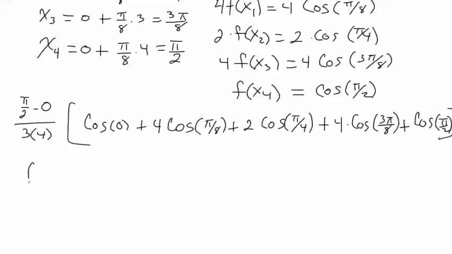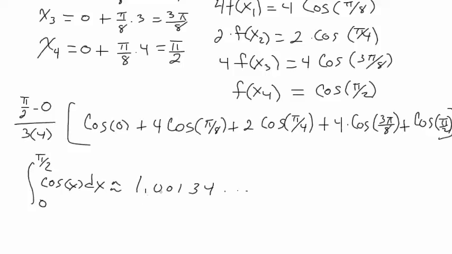Alright, so remember we went from 0 to pi halves of cosine x dx, and this is going to be approximately, so I'm going to pause and get that. I ended up getting 1.00134.